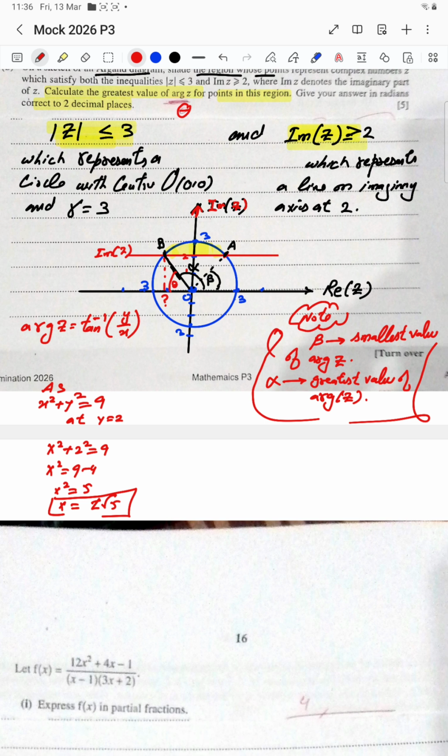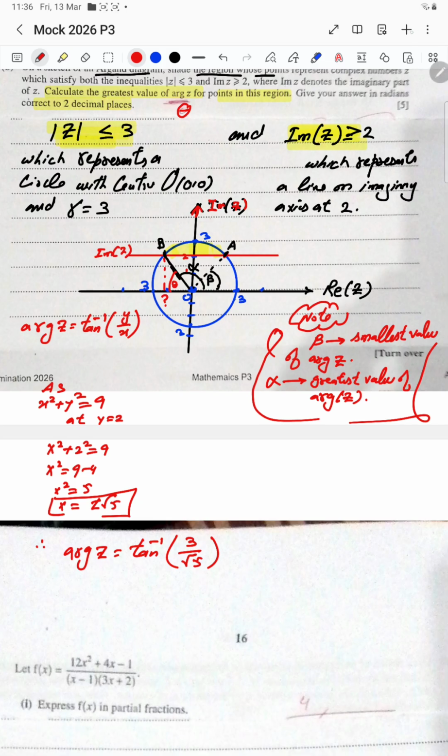So my result will be: argument of z will be tangent inverse of y, which is 3 up because of the radius, and here I get on the x-axis root 5. Let me see what comes on the calculator.